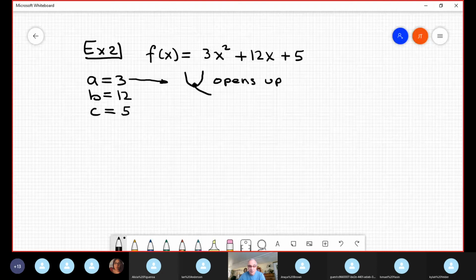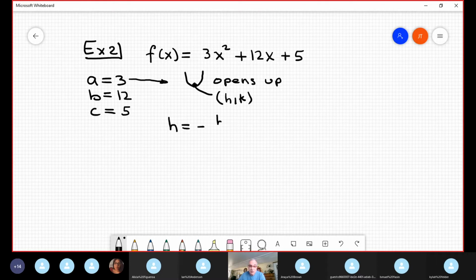The famous important point is the point (H, K). I have no idea, because in vertex form it's super easy to see, but in standard it's not. But I know the formula that states the relationship: H is equal to minus B over 2A. It's the formula that states the relationship between A, B, and H.